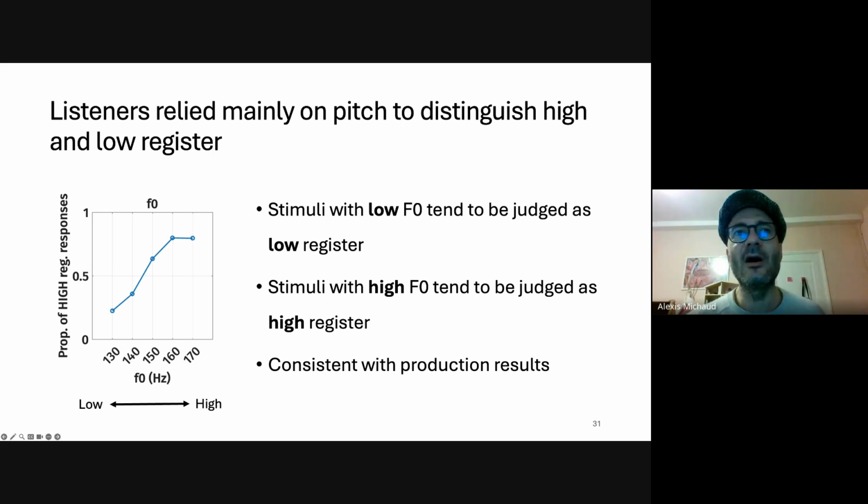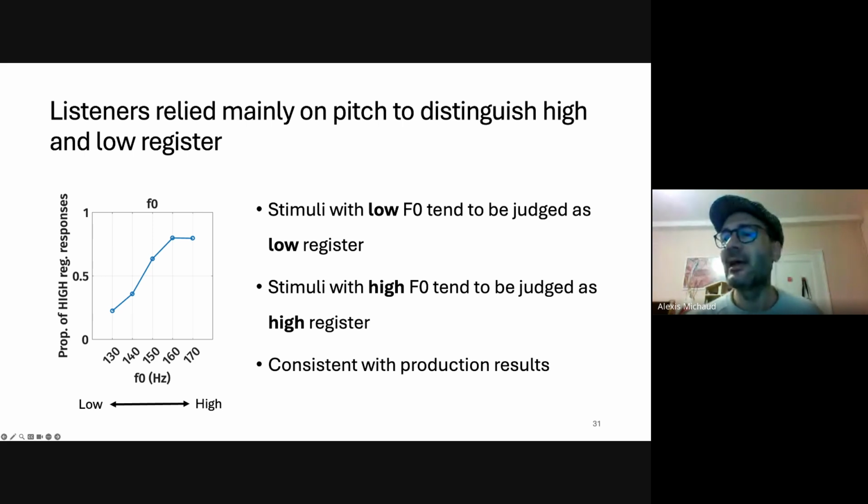That after a certain threshold, when you get above 160, 170, it would be unambiguous, right? That it has to be high register. And at the bottom level, you would have an unambiguous answer just based on F0 alone. But it seems that the values here are not that extreme, are they?